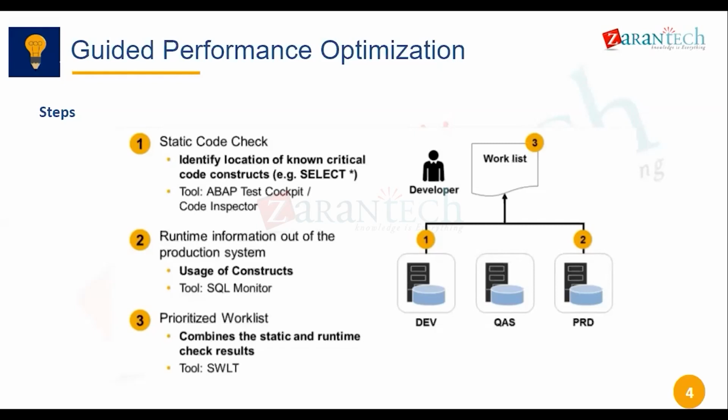The second step, once we are done with the static code checks, is that we need to get the runtime information out of the production system, right? We need to understand which programs and reports are mostly used by the customers on the live production system.